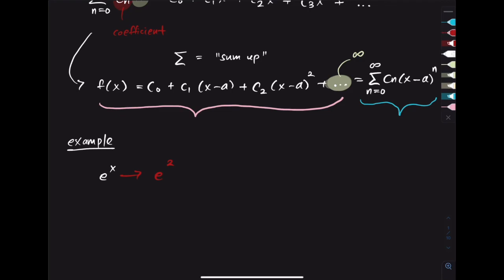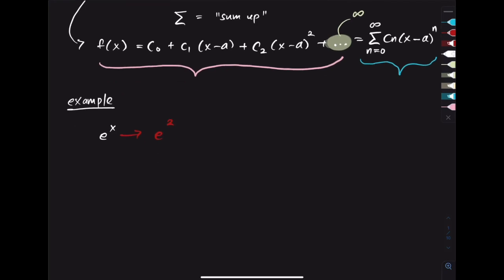However, if we represent e to the x as a power series, we're able to calculate its exact value through partial sums within a certain interval of x. So it will look like this. We'll go into more detail on how we got to this conclusion in a bit.